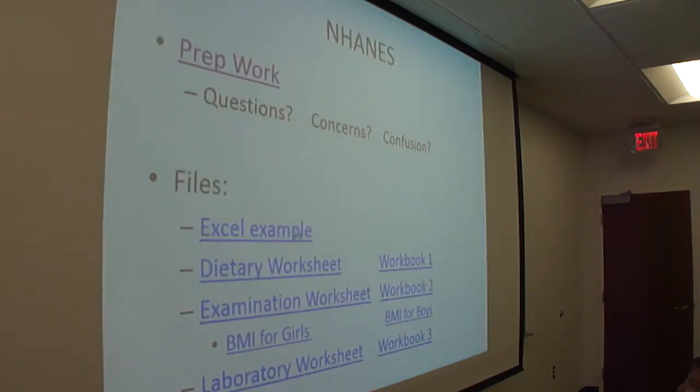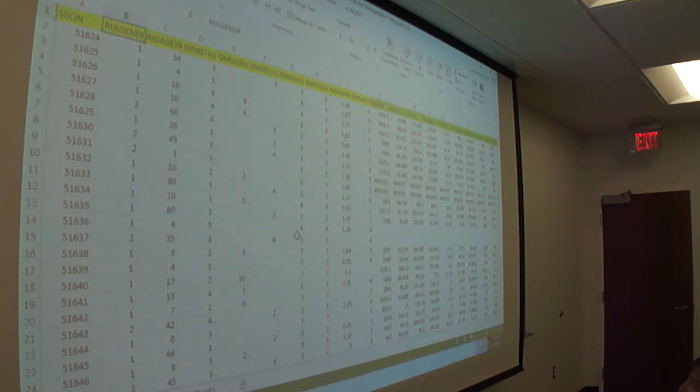Another part of the prep work was to take away other variables that we won't be using. I kind of did the demographics for you guys. I don't know if you realized, in the workbooks that I uploaded there are way more demographics, but since demographics is one thing that is in all three workbooks, I kind of cleaned it out.